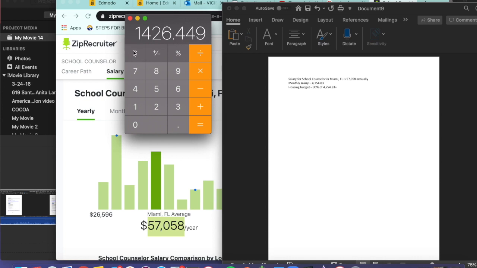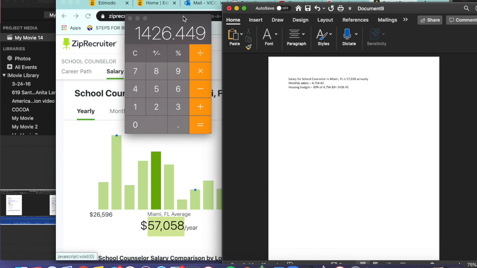That's going to lead us to $1,426.45. This is our housing budget and how much we would be able to spend monthly. It's recommended to always rent somewhere that is lower than your housing budget so that you have money to play with, but it's okay if it's 1,400. So we're going to put $1,426.45 as our housing budget.